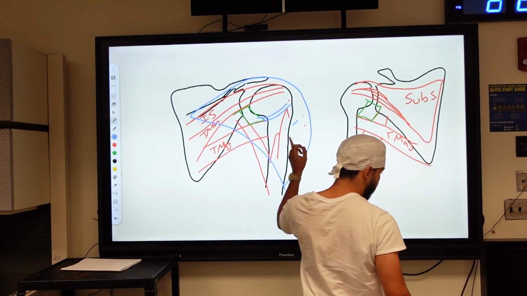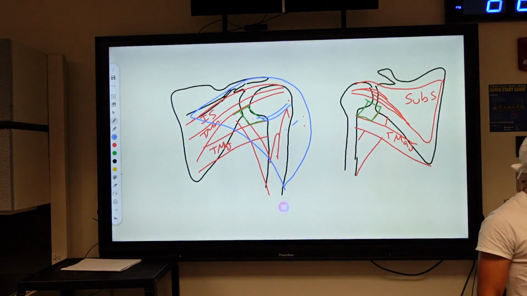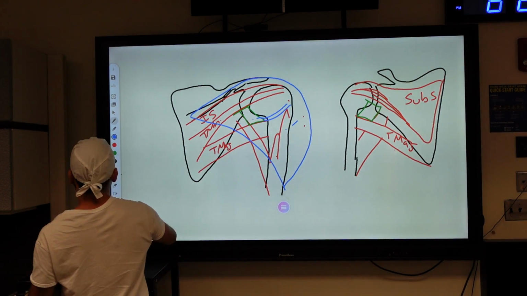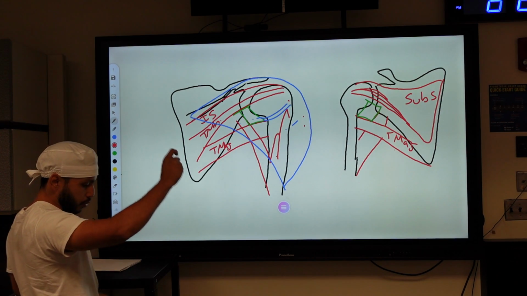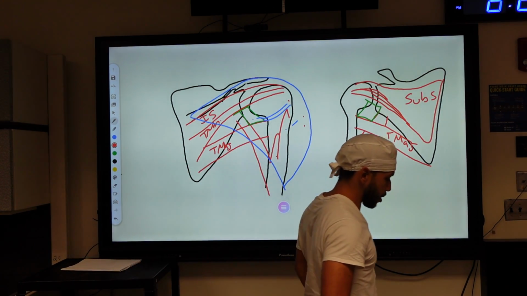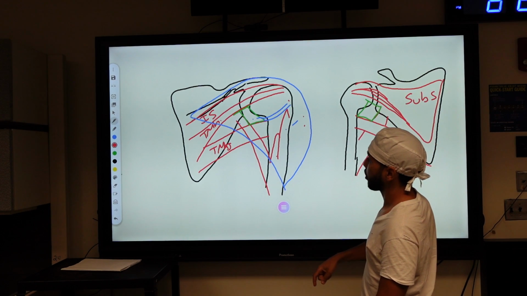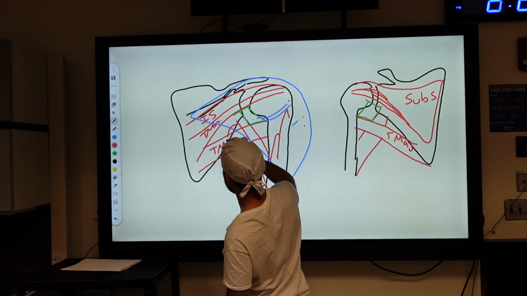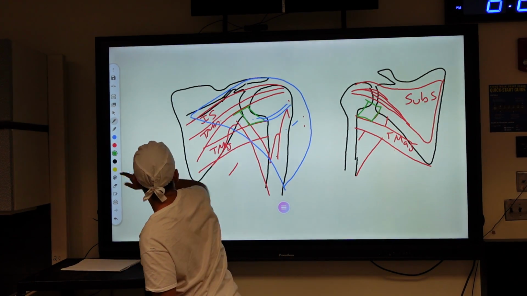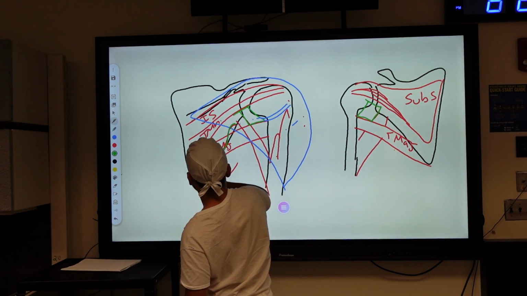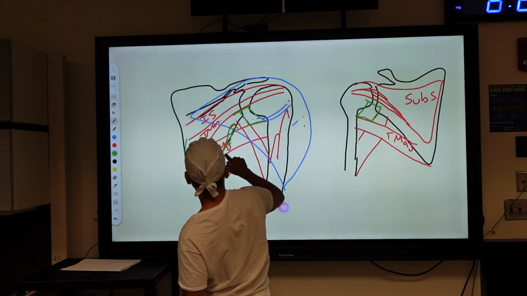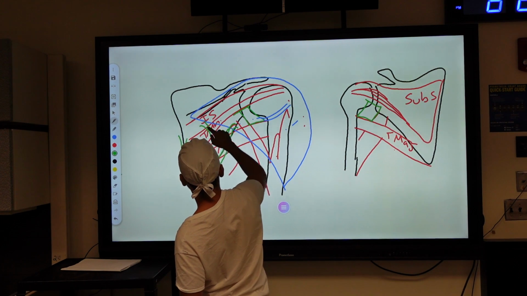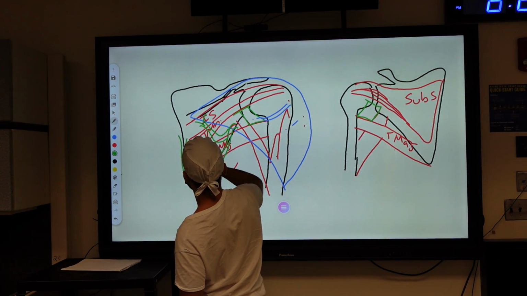Okay? So for that one, there's one artery that travels through it that we care about, which is going to be called the circumflex scapular artery, right? Which is one of those two that come off the subscapular artery. Okay? Circumflex scapular. What that means is that it's going to wrap around. Actually, let me draw it in green. It's going to wrap around the scapula like so. Okay? And it's going to give off a bunch of branches that go across the scapula, right?